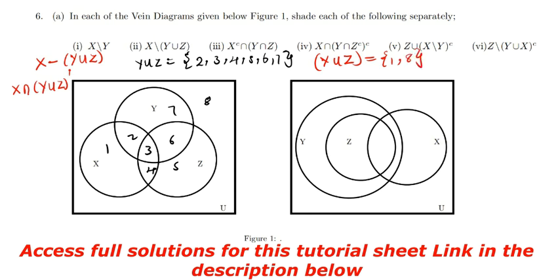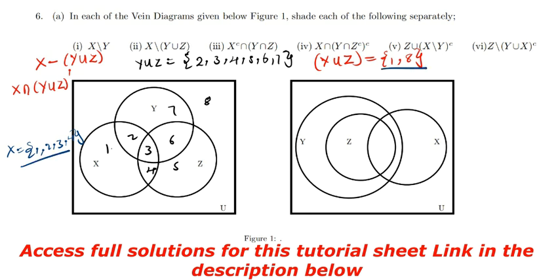Now that we have y union z complement, we can find the shaded part. Let's list x as well: we have 1, 2, 3, and 4. That is our x. Now we want to find the intersection, the elements which are common in this set and also in that set.